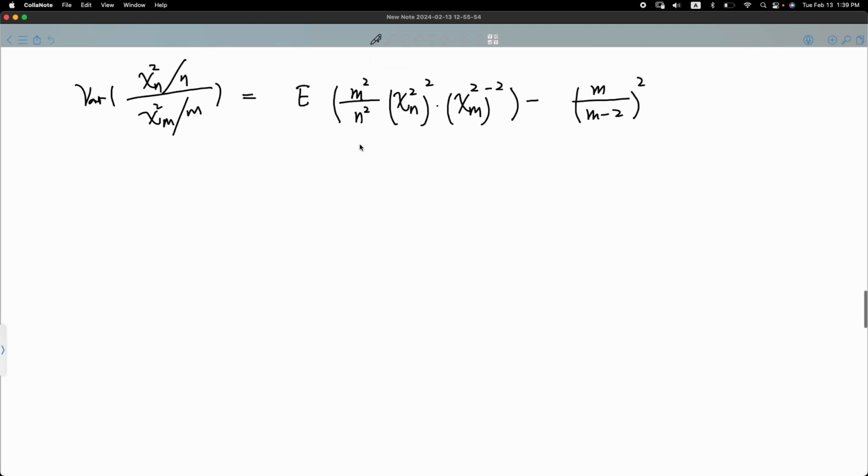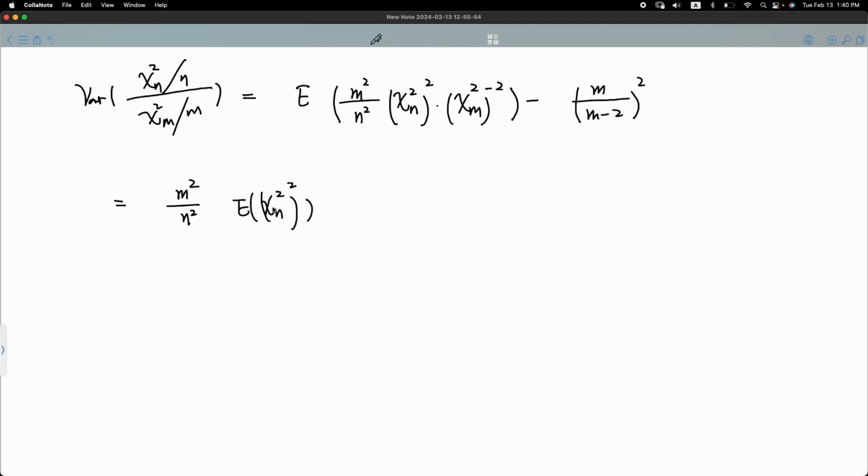Okay, so now let's analyze the first expectation. m squared over n squared, expectation of chi-square raised to the power of 2. Just make sure that you don't make this a power of 4.